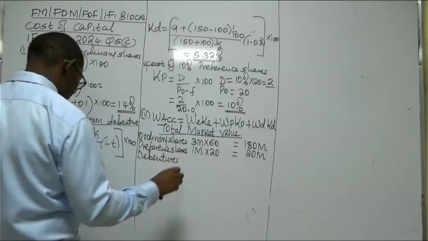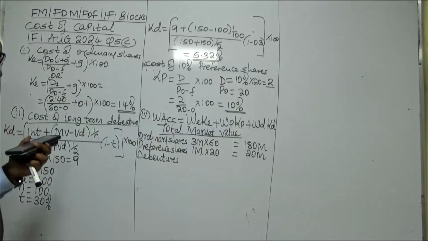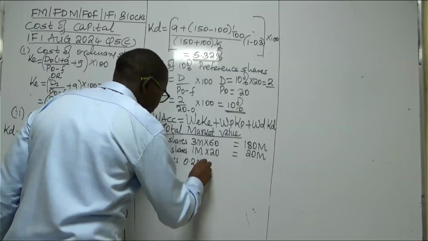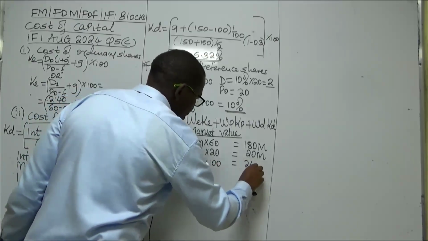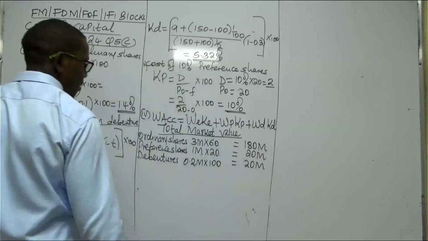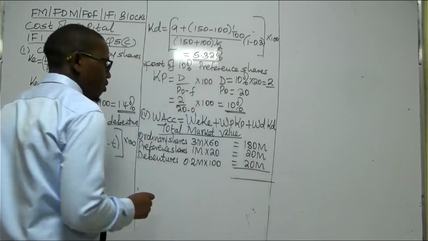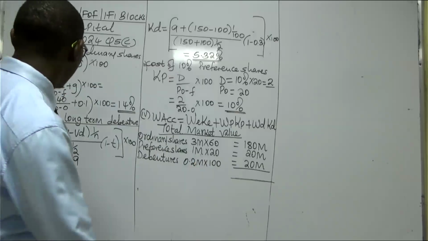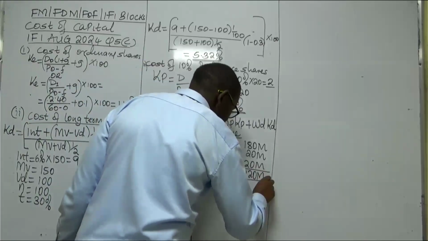For debentures, you need to know the number of debentures, which we were already given, 200,000, 0.2 million. You multiply by 100. This will be 20 million. Therefore, with that now, you get the total market value. Total market value, this will be 220.